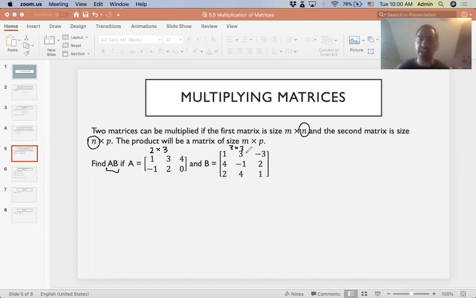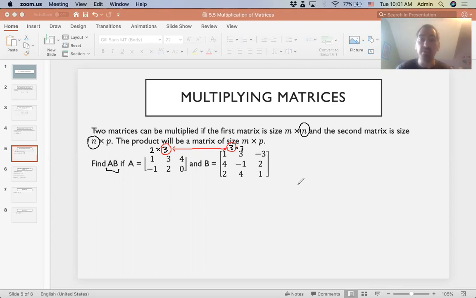Can I multiply these together? I must have the same number of columns in matrix A as rows in matrix B. I do. These are the same numbers that I've circled in red, so I can multiply them together.